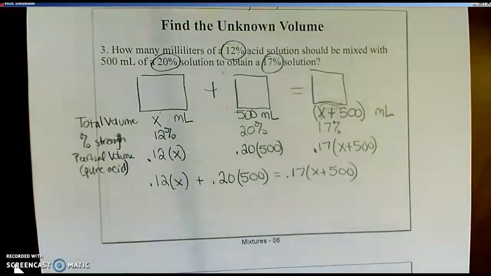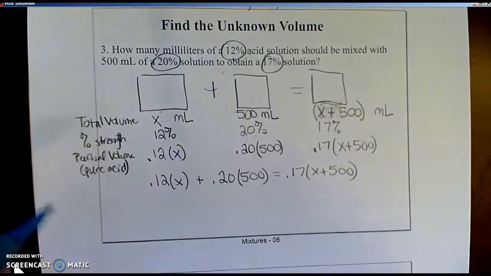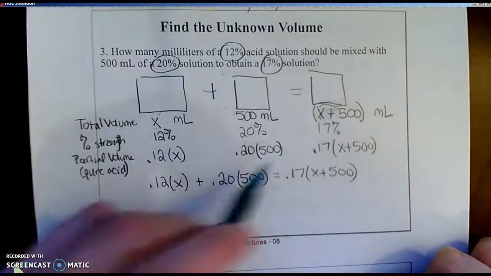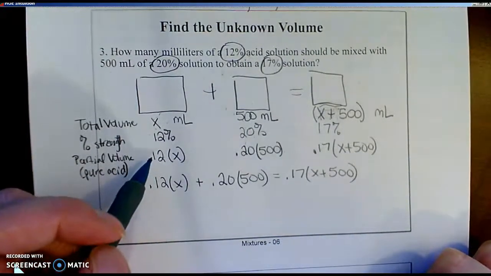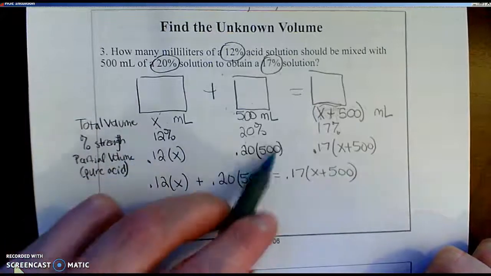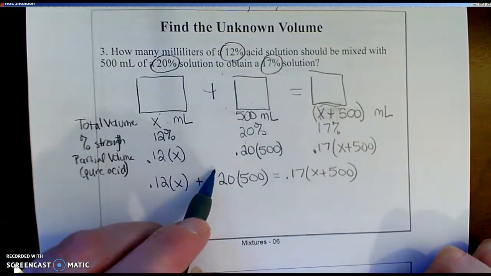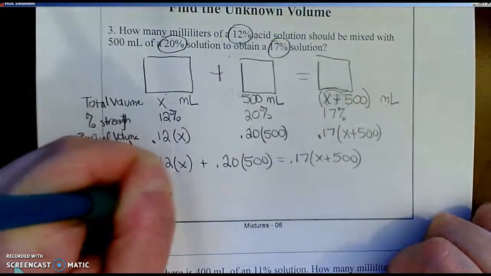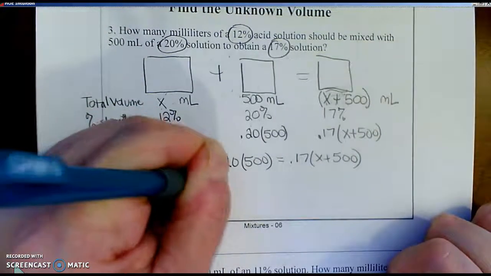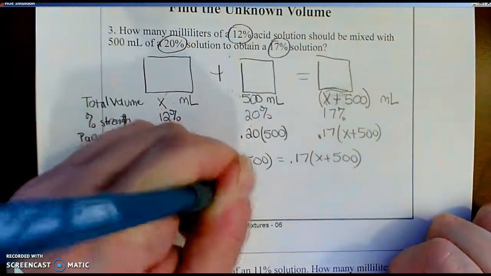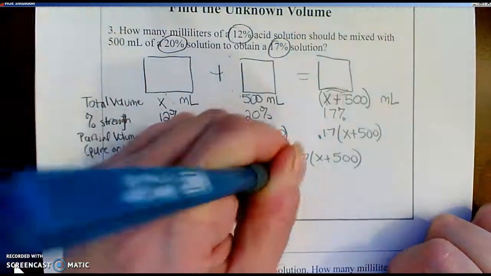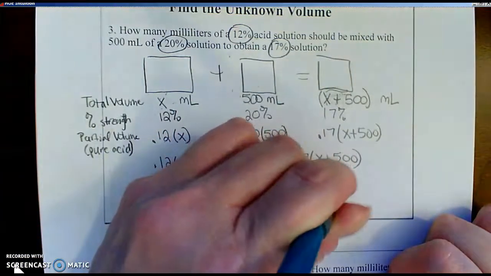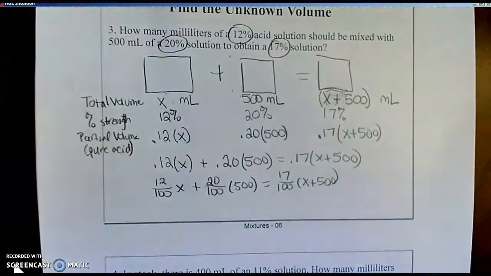Now this is a perfectly acceptable equation to use, but because it's all percents, that means per 100, so you can think of each of these as a fraction: 12 over 100 times x plus 20 over 100 times 500 equals 17 over 100 times x plus 500. That seems like a crazy idea, but roll with me.